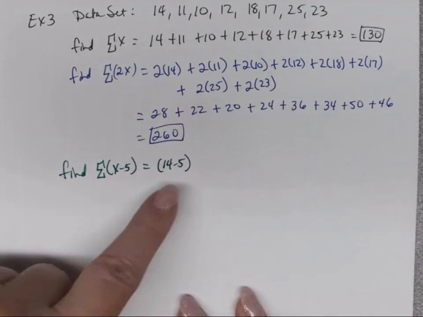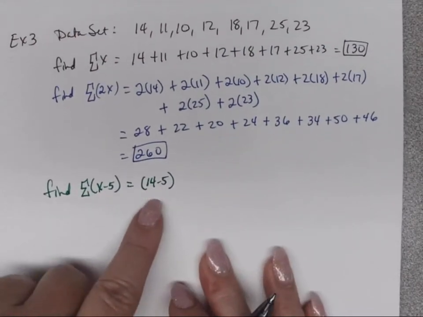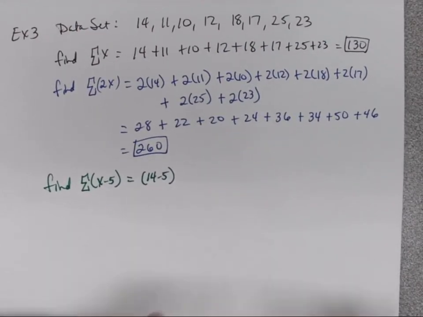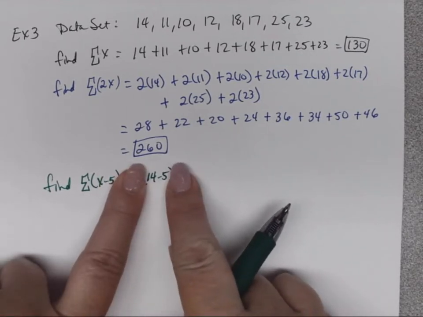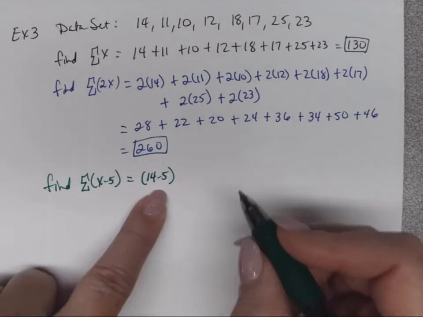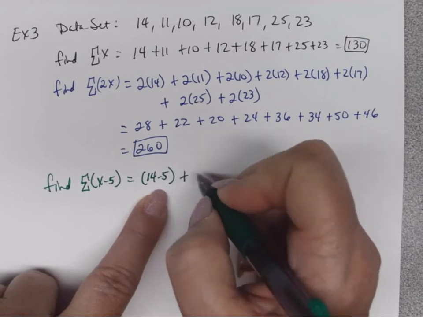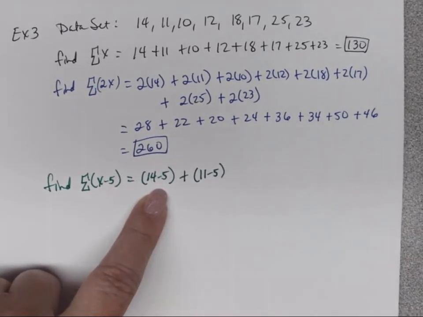Now notice I'm using the parentheses when I do these, and I did it on the previous problem. It doesn't change any of the math, but it's easier to see than if I don't put parentheses and I just have all these minus 5s. It's harder to follow your math. So I do parenthesize it just to make it like a little grouping, but because we're summing, it's not changing anything.